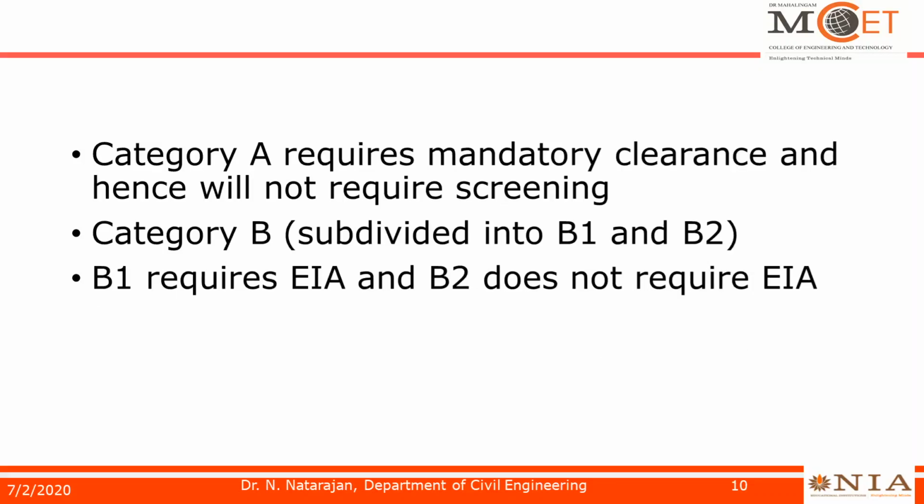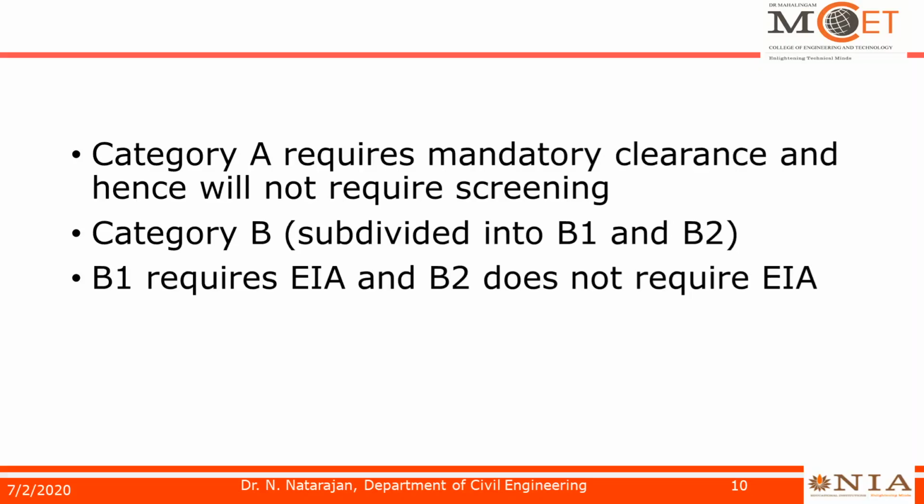So category A requires mandatory clearance, right? There is no need of screening because it has to be evaluated. So there's no question of saying that category A does not require EA. EA is definitely required for category A. Category B, on the other hand, can be subdivided into B1 and B2.